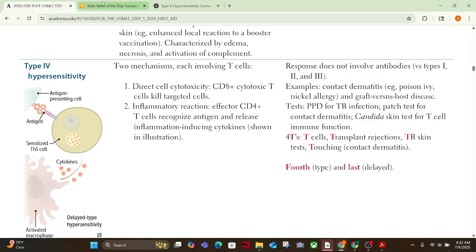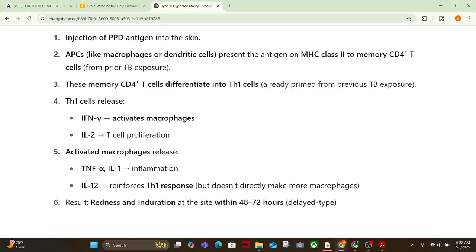This is to check if the patient actually has their macrophages and CD4 and Th1 cells working. So specifically it looks like this so that it's easier to understand. For the skin PPD test, typically everyone has had some kind of exposure to TB, so you're supposed to have a reaction.